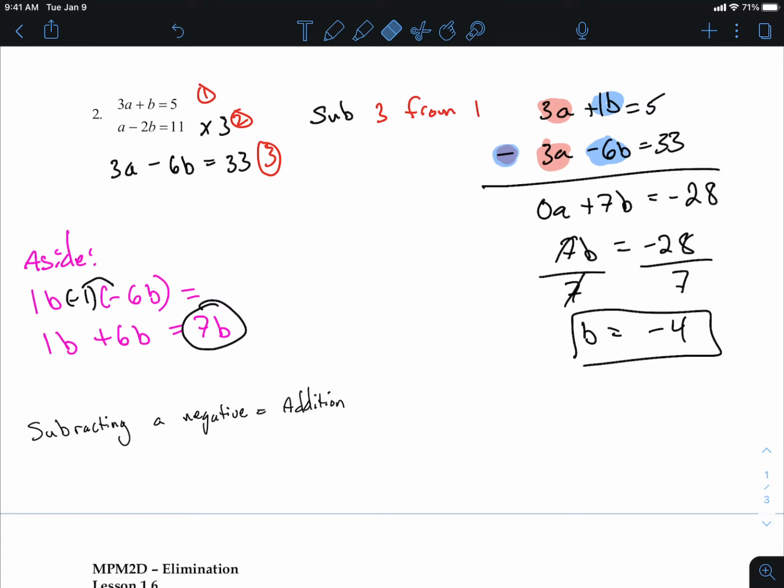I'm going to pick 2 just because I think it looks the easiest, right? So plug this into number 2. Find a. Okay, so a minus 2 times negative 4 is equal to 11.